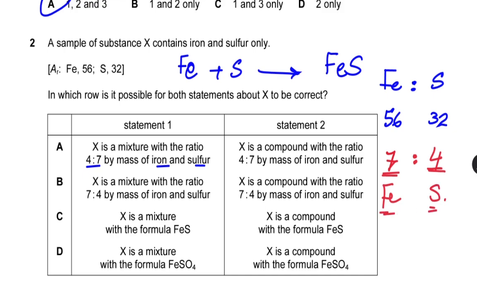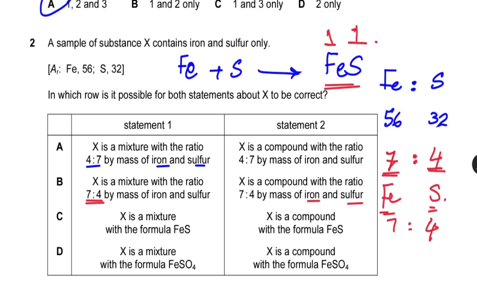So first of all, we will check 7:4 by mass. Only this option has X is a mixture with the ratio 7:4, iron is 7 and sulfur is 4 by mass. X is a compound with the ratio of 7:4 by mass of iron and sulfur, exactly because one atom of iron and one atom of sulfur is present in it.